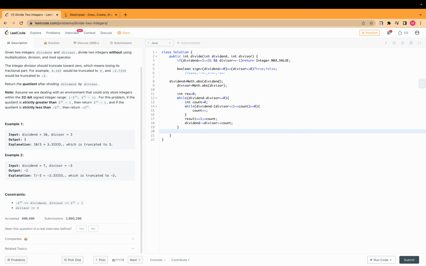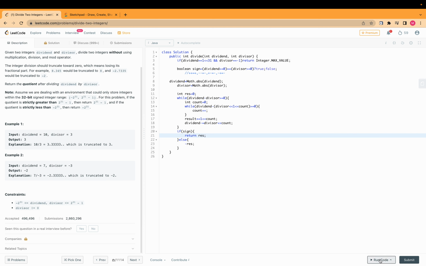And then we will check if our sign is true, then we will return result, else we will return result with a negative sign.